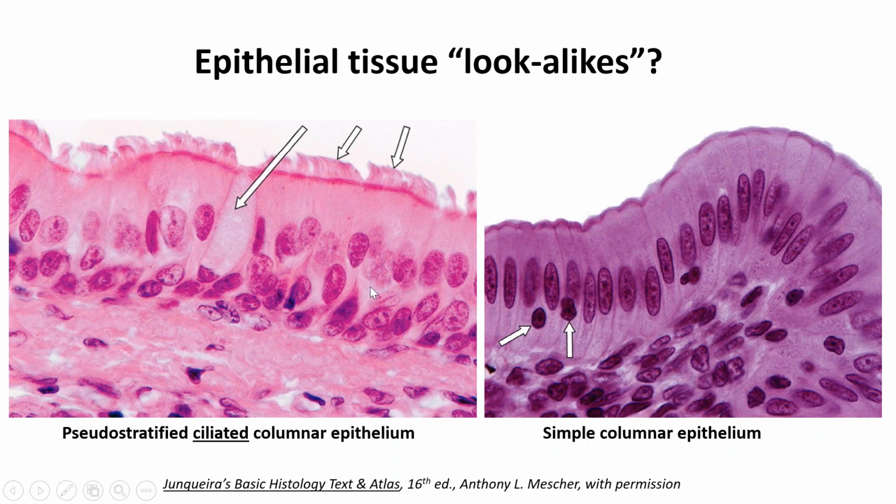Now, one of the things you may ask yourself is, what are these round cells that are indicated by the white arrow? Those are lymphocytes that are migrating through. So these nuclei, the elongated ones, belong to our epithelium. Now I want to go ahead and look at these two epithelia again, looking at surface features.